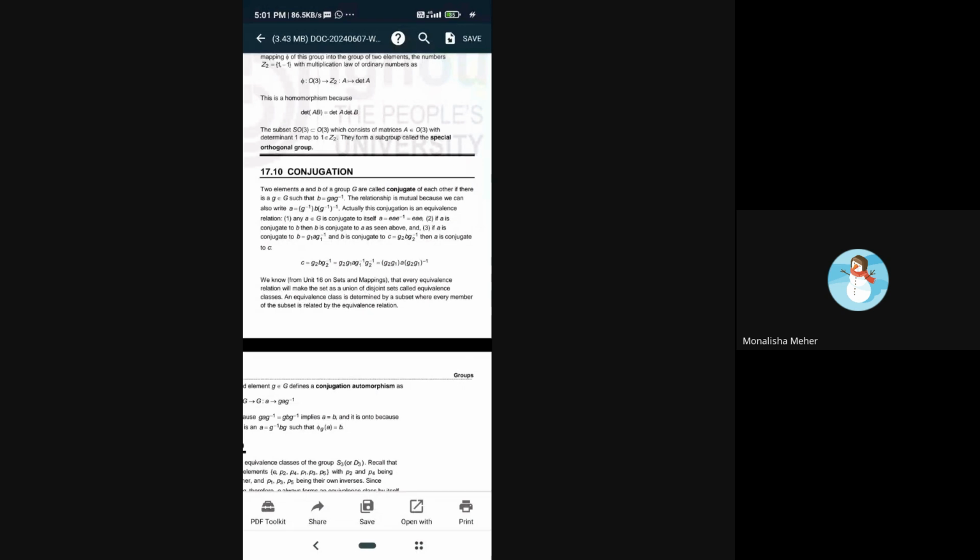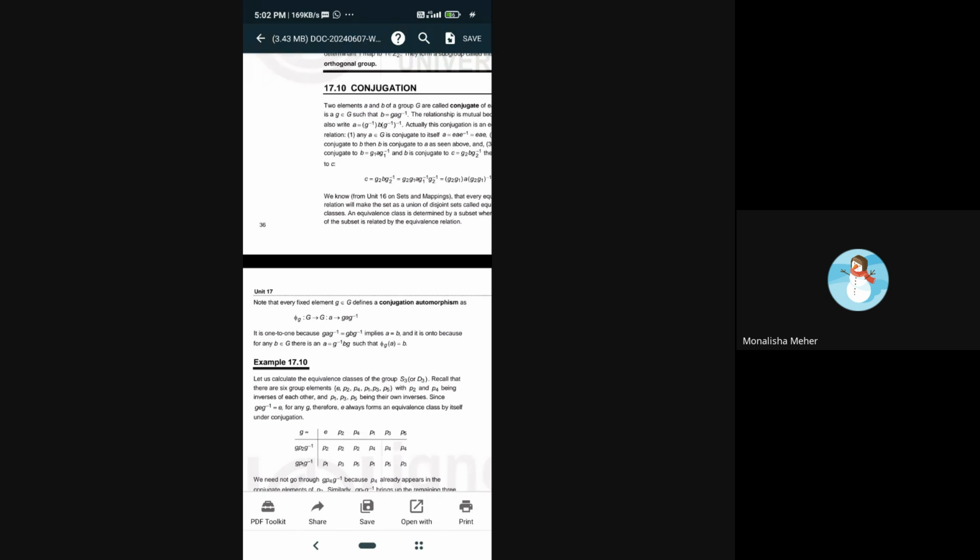So every equivalence relation will make the set a union of disjoint sets called equivalence classes. An equivalence class is determined by a subset where every member of the subset is related by the equivalence relation. So every fixed element G belonging to capital G defines a conjugation automorphism phi G, G into G, A goes to G A G inverse.